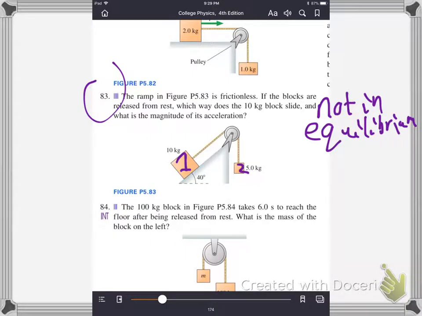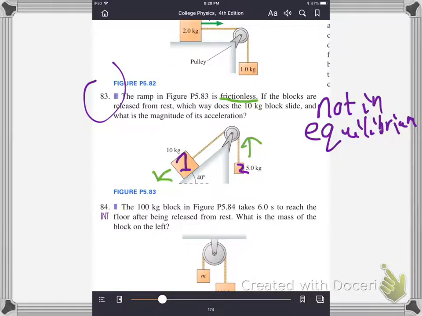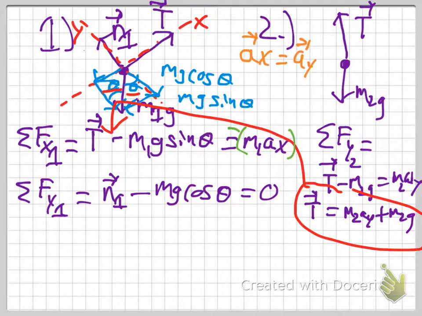Of course I make mistakes too, so let's look at this. It's frictionless. If there's no friction from this ramp, you should think that it's going to move and accelerate this way, which means this is going to accelerate upwards. So I should have actually made a change here. This would be negative because it's going down the ramp.